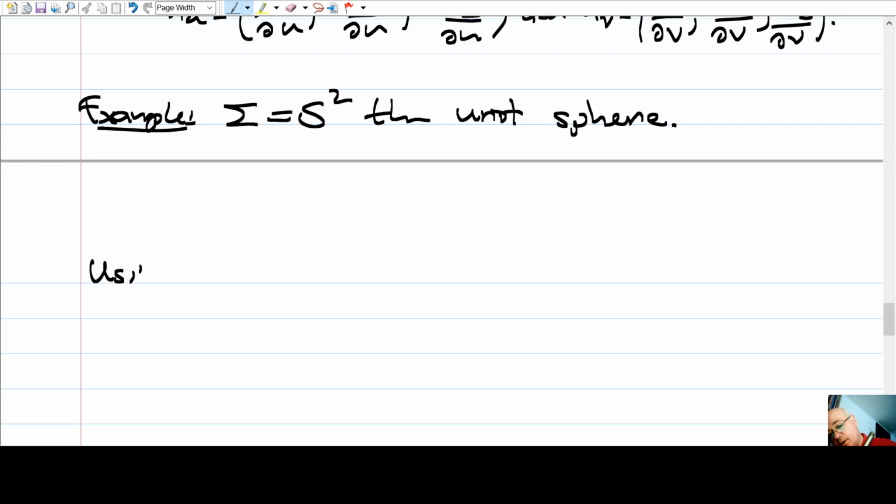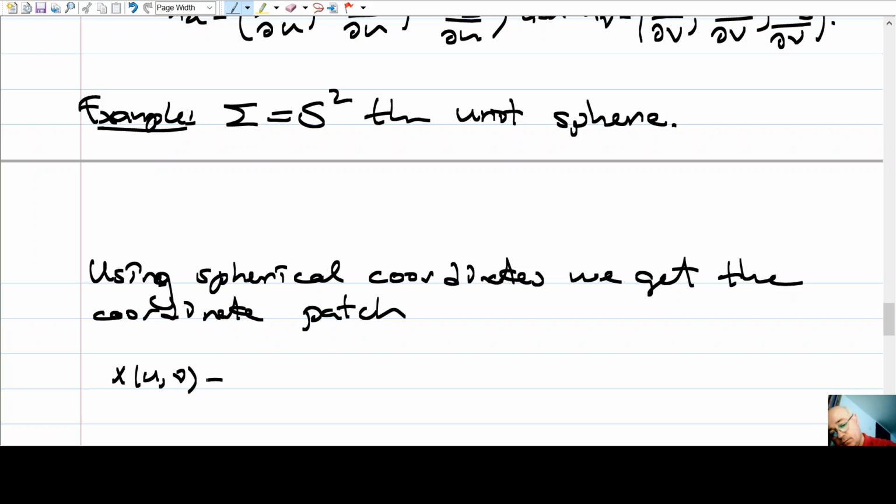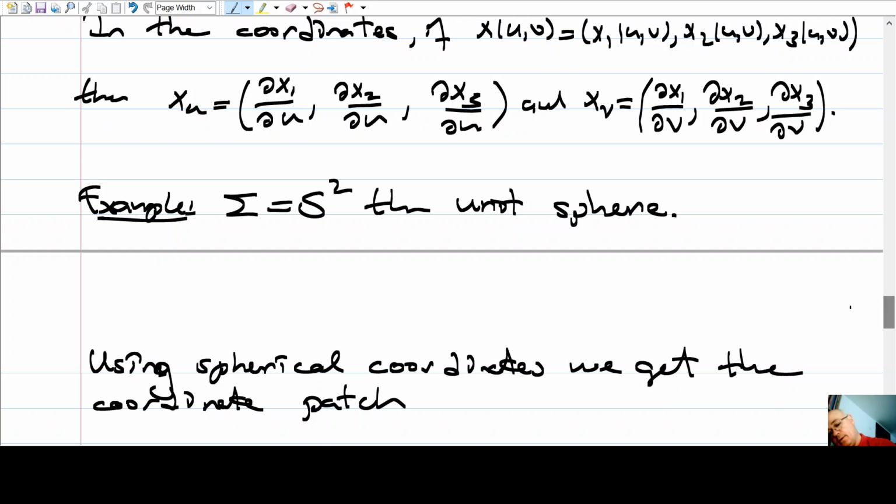So using spherical coordinates, we get the coordinate patch x of u v.